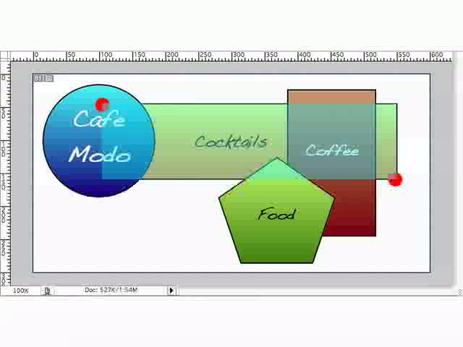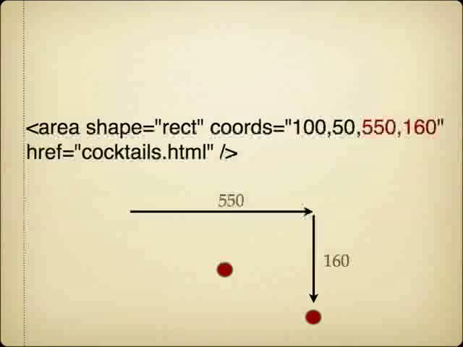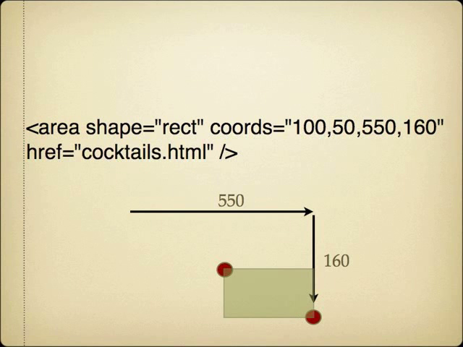The bottom right corner of the rectangle is 550 pixels from the left side of the image and 160 pixels from the top edge of the image. So this point is 550 pixels over and 160 pixels down. So that's enough now to specify the area. And then the href provides the URL of where you're supposed to go if this area is clicked on.